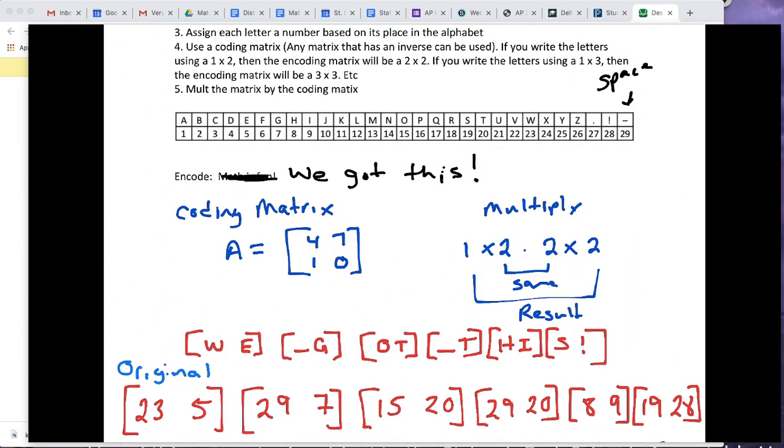So here's what I'm going to do, I'm going to go back up to this set of notes. If you have this somewhere, I think the space on this is representing 0. So you'd need this key, right? You would definitely need some kind of key in order to figure out what these numbers represented.